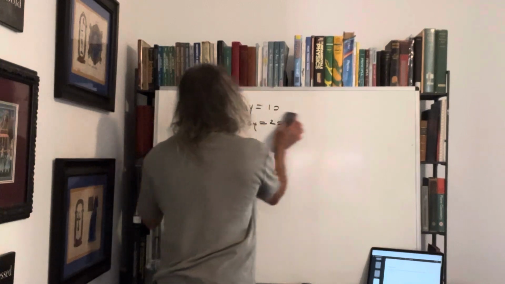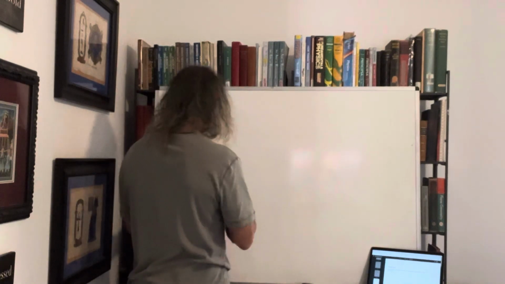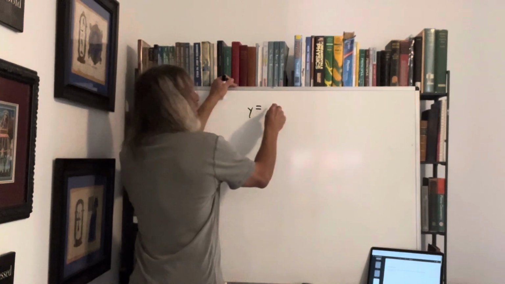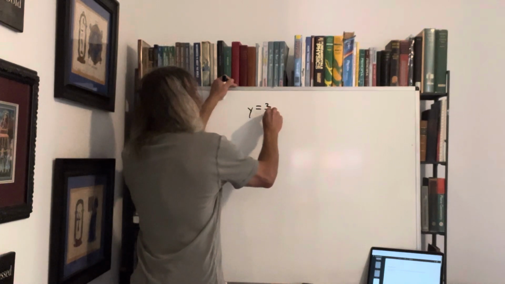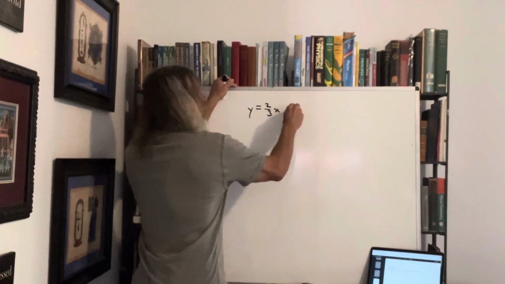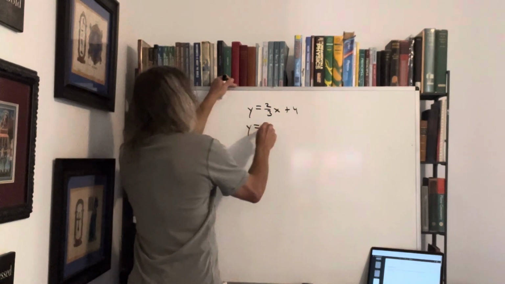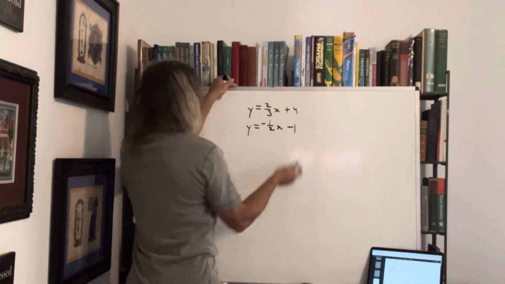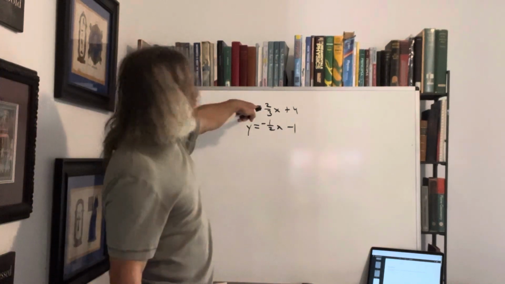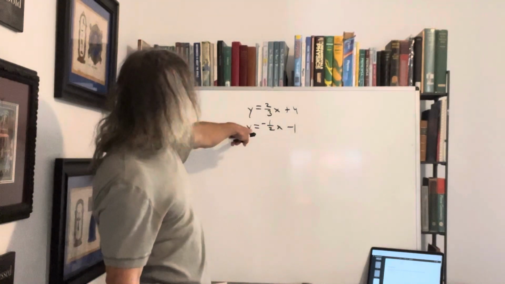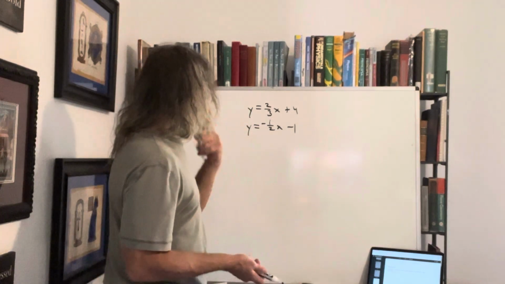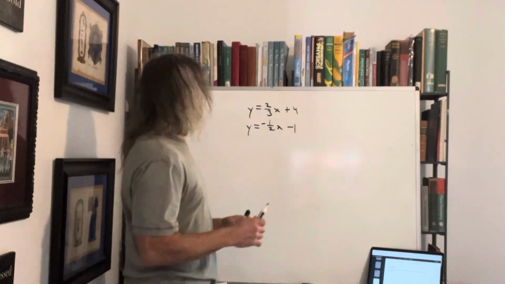So if we have y equals 2/3 x plus 4 and y equals negative 1/2 x minus 1, when the slopes and y-intercepts are different, then we're going to have a solution. We can graph it and figure it out, or solve it in some other way.